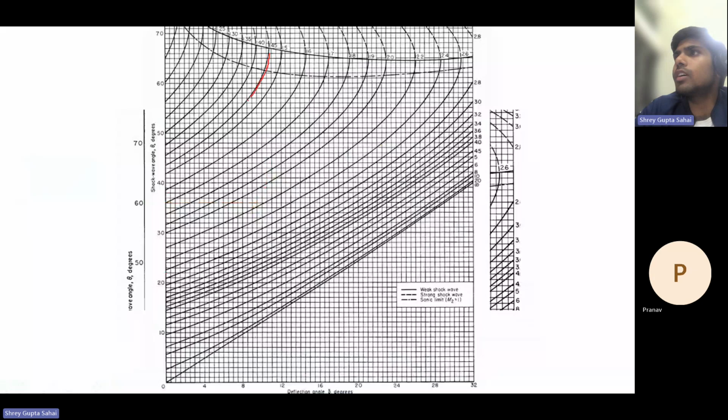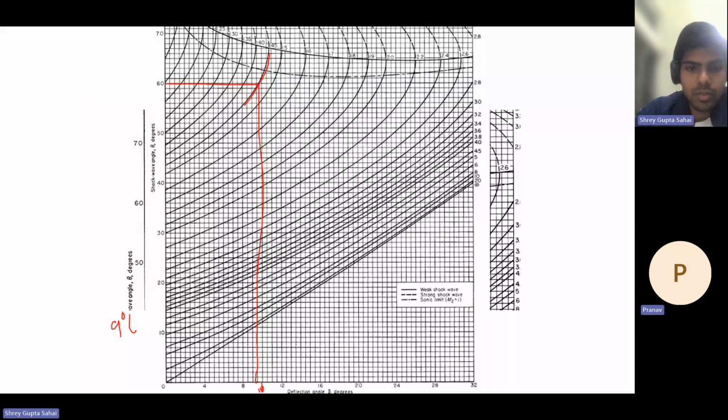This is 1.45, and for this value we're getting something close to 9 degrees. Using the calculator, I get 9.4 degrees. Yes, that's the turn angle, the deflection angle.